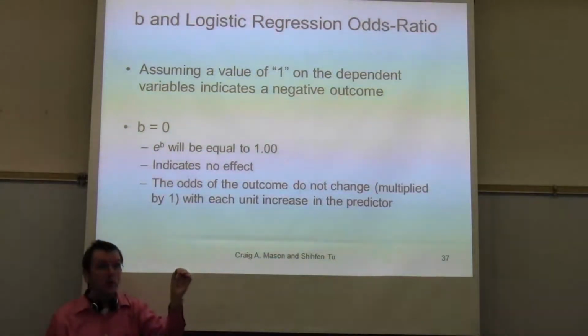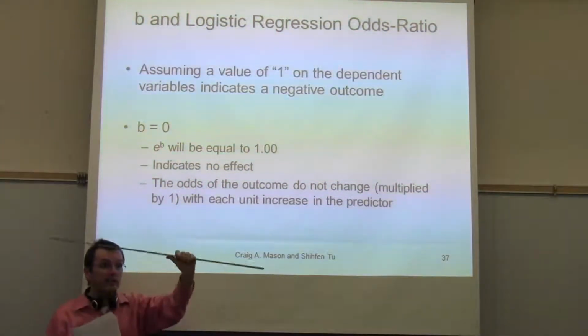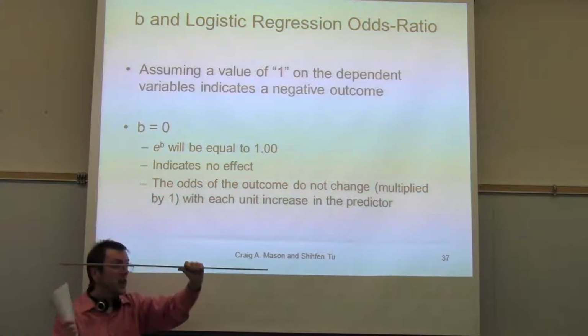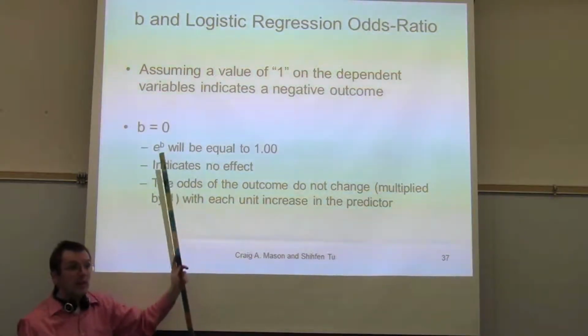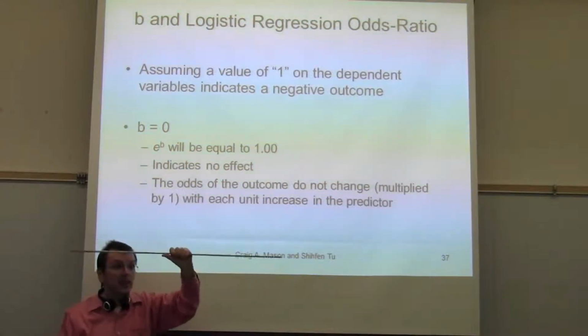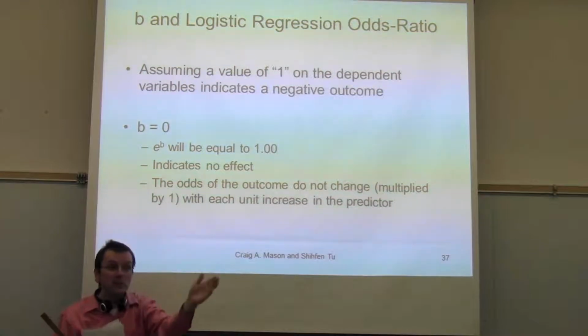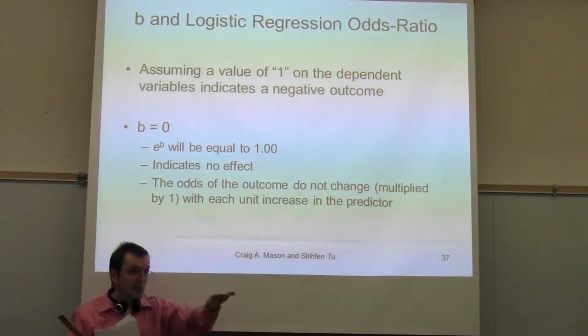If your regression coefficient was 0, that meant no effect. Right? That means it's a flat line. Whatever happens to x, nothing's changing on y. Even with the odds ratio, e to the b, if b is 0, it's the same thing. Nothing's happening. Your odds ratio is 1. There's no difference. Whatever your x is, it's exactly the same all the way across.